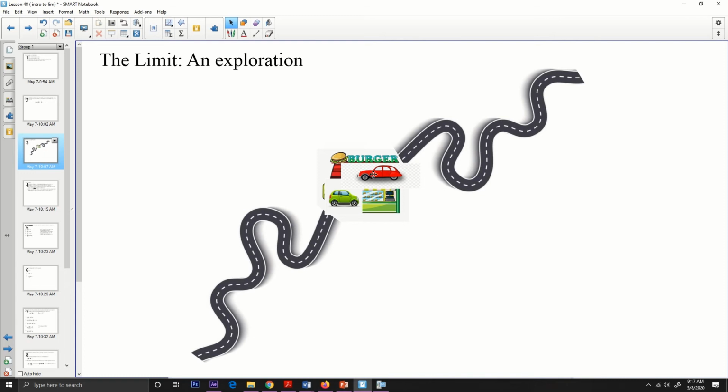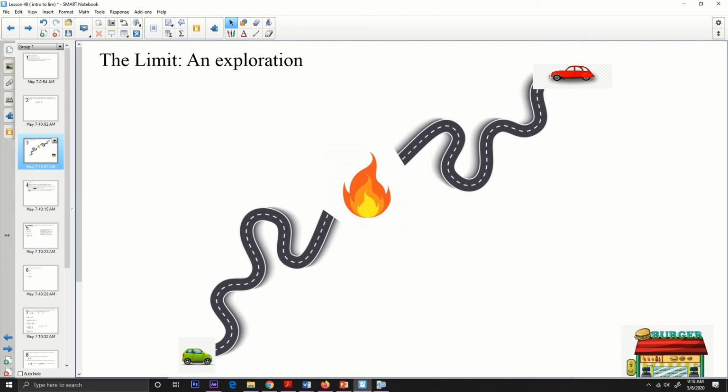Now, the most important part that you can understand about this is that, as I come in from the left, the guy driving the green car wants to get to the same point, and as I come in from the right, the guy driving the red car wants to get to the same point. But what happens if the burger joint catches on fire and isn't there anymore? Well, does that mean that the limit doesn't exist?